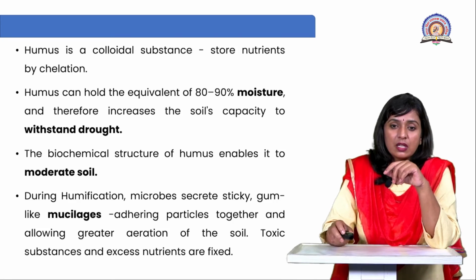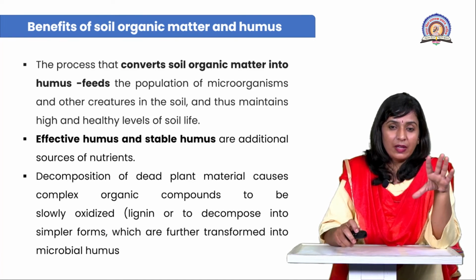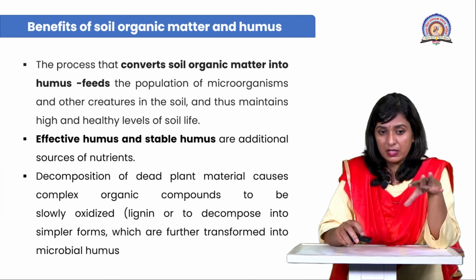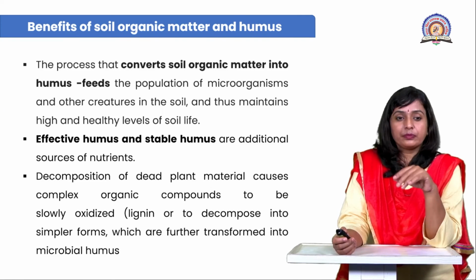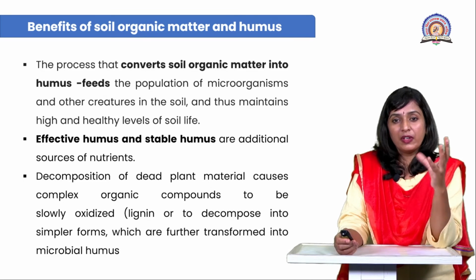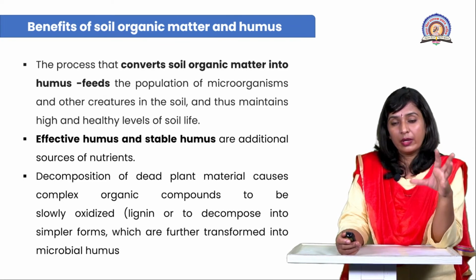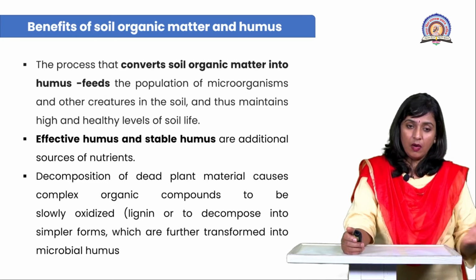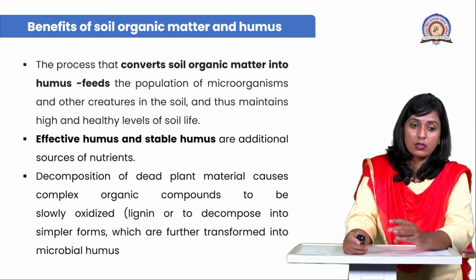So humus is, dear students, playing a very important role. Okay, so we have seen lot many benefits of the organic matter as well as humus. Okay, let's revise them. So the microorganisms, during the process of humification, varieties of microorganisms, they used to feed on the organic matter, so ultimately convert them into humus, or convert the organic matter into humus, so that helps to maintain the soil quality.